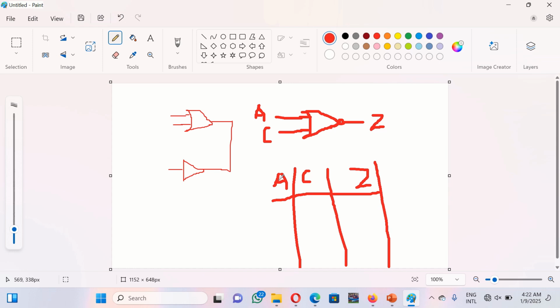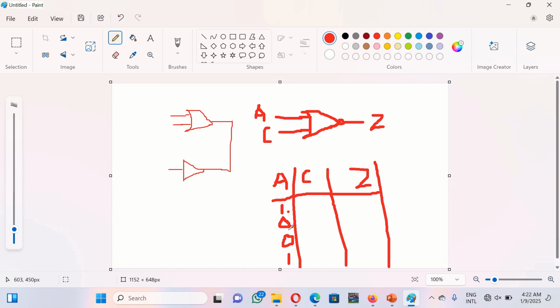So A and C are connected to a NOT gate, which can be represented in this way. So if I have 1 here, I could have 0 here, I could have another 0 here, I could have another 1 here.